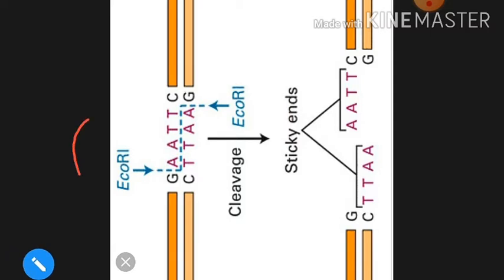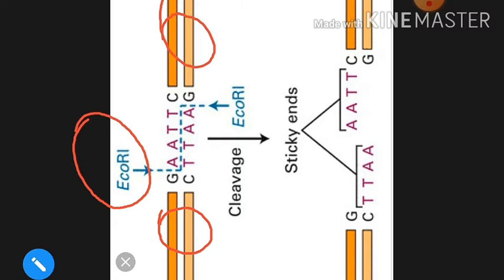It is essential to know that it makes a cut in DNA. This is the complete DNA molecule, and we already know that DNA structurally consists of different nucleotides: guanine, adenine, thymine, cytosine.